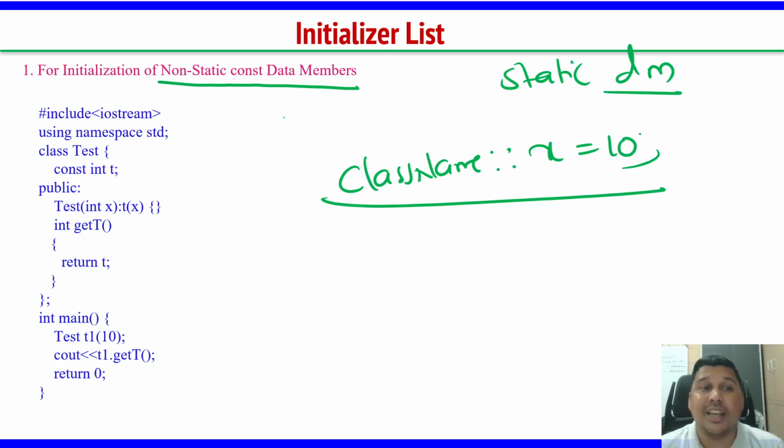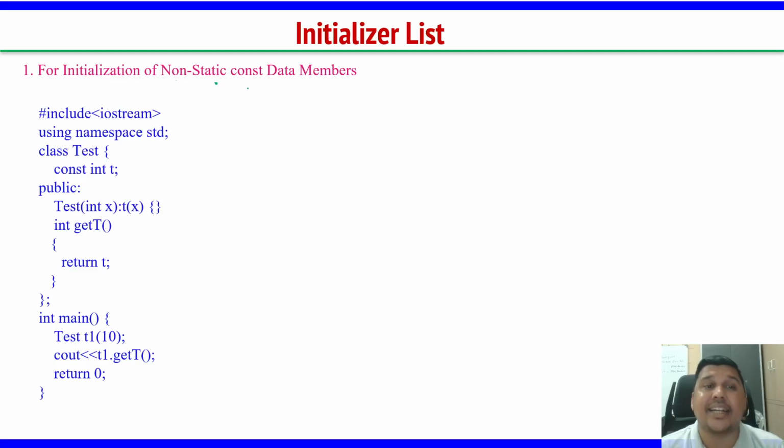Now, if there is a non-static constant data member inside the class, that data member should be initialized using the initializer list only. That cannot be done using a constructor. You cannot initialize a value to that variable using a constructor.